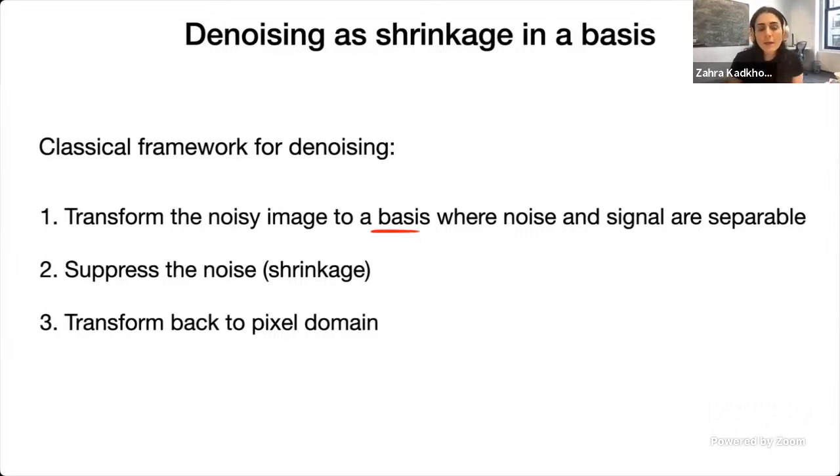The difficulty lies in finding a good basis where the noise and the signal are maximally separable, so when we apply the shrinkage function, we don't lose a lot of the signal, and we don't preserve a lot of the noise. The rate of decay of the coefficients, or the compactness of the representation of the image in the basis, gives us an idea of how good the denoiser is.